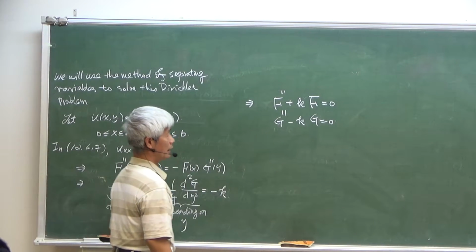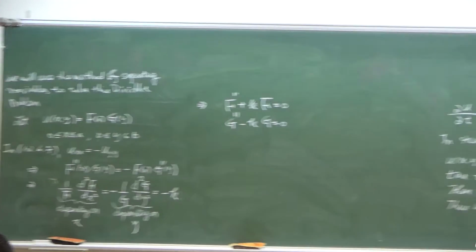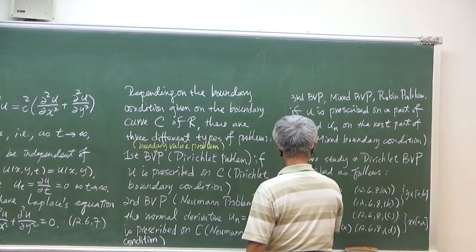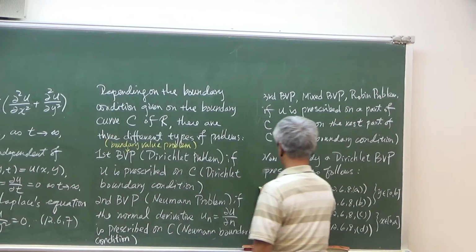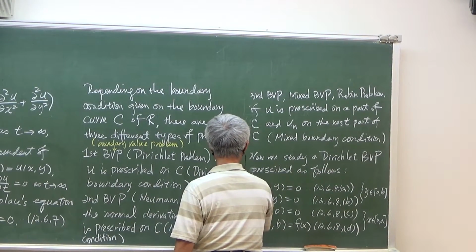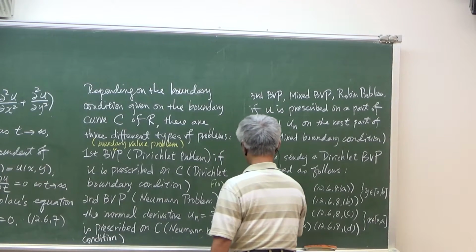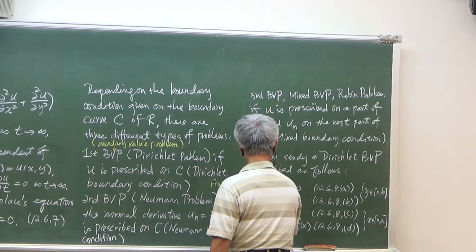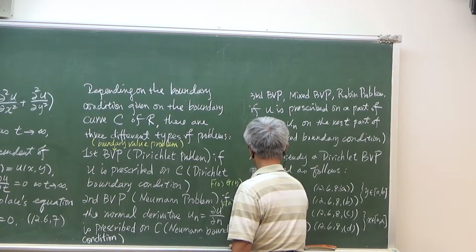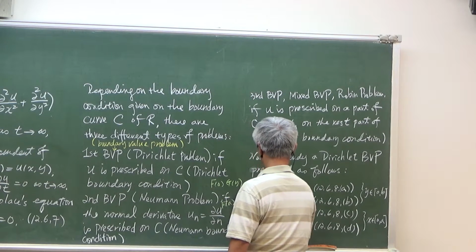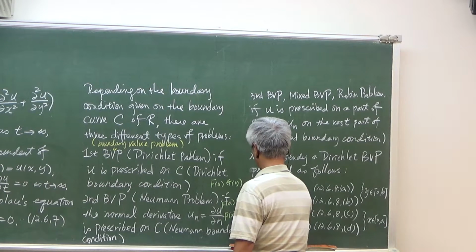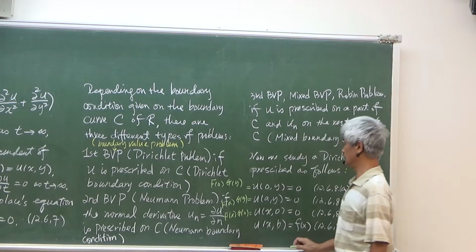Okay. And how about the boundary condition? For the boundary condition, we know in the separable case that this is equal to f(0) g(y), this is equal to f(a) g(y), this is equal to f(x) g(0) here.